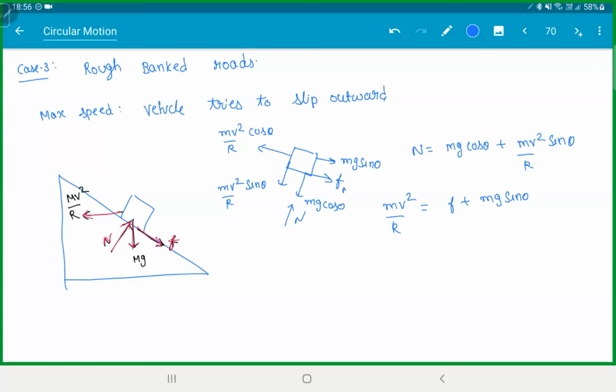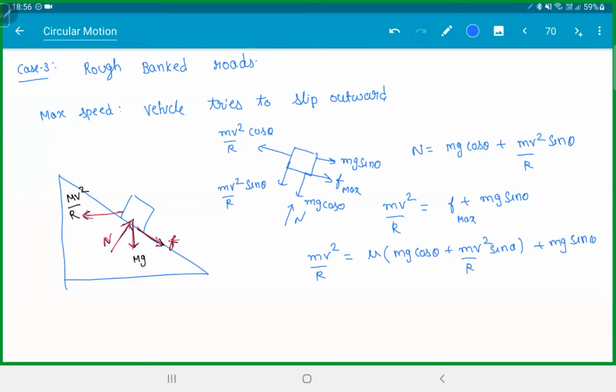Since it is about to slip at maximum, we can write this as F max, which is mu into N. So mv square by r cos theta equals mu into (mg cos theta plus mv square by r sine theta) plus mg sine theta.